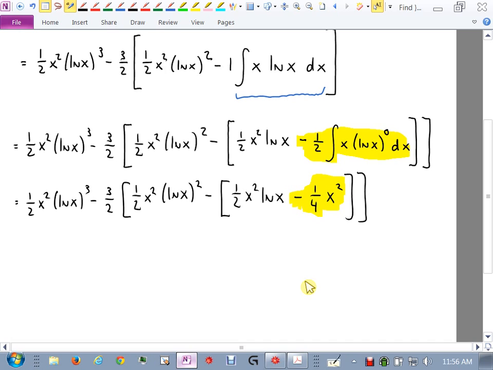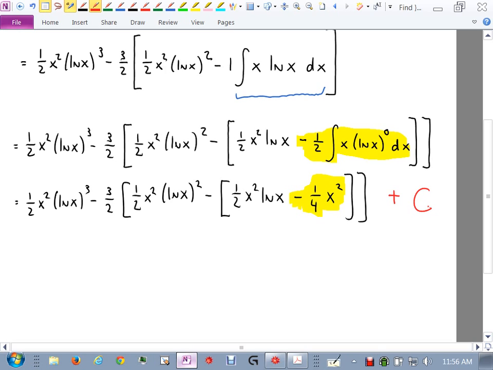The c, I'm going to throw the c on at the very end. We could have thrown the c in right here. We're just going to remember, I don't care about my constant. We'll just tack it on at the end. Now, to do this properly, we've got to distribute everything through and clean it all up. But I'm not going to.